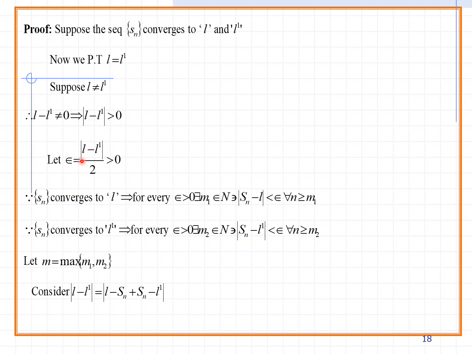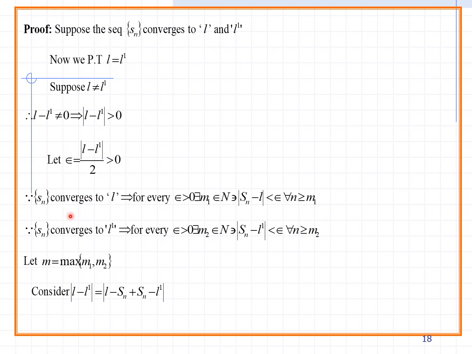Let epsilon equal modulus L minus L dash by 2, which is greater than 0. I can assume some value. Since Sn converges to L, for every epsilon greater than 0 there exists M1 belonging to N such that modulus Sn minus L is less than epsilon for all n greater than or equal to M1. Here I take two values: one related to L, the second related to L dash.